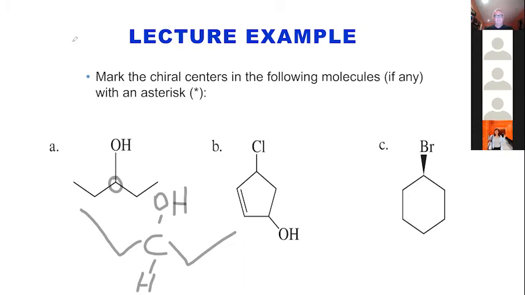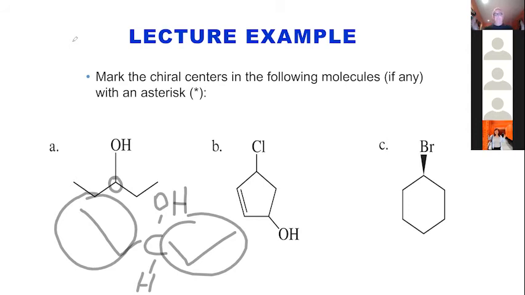Why do you think it's chiral? Are these two groups the same? That's right, those two groups are the same, right? So since they're the same, it only has 3 different things attached: a hydrogen, a hydroxyl group, and a propyl group. So those 2 are the same.